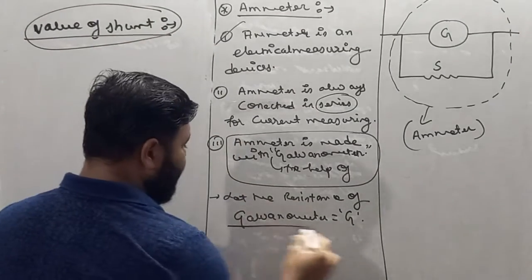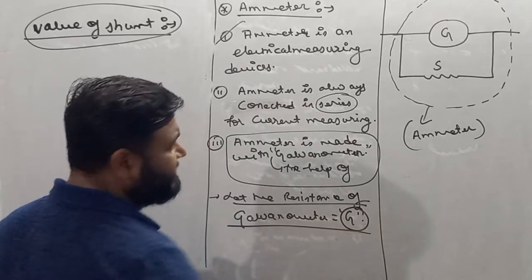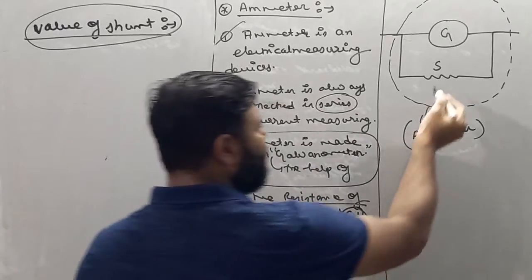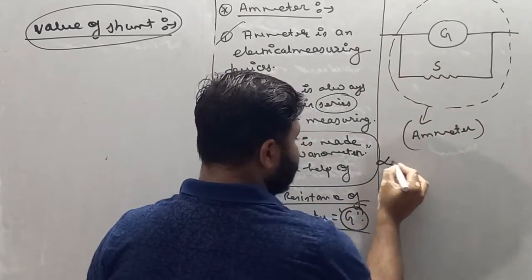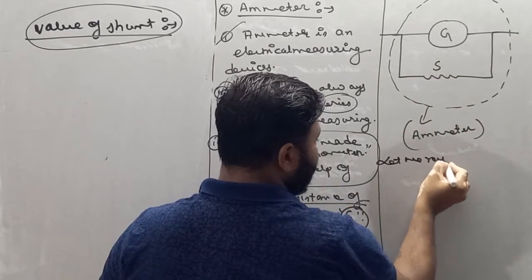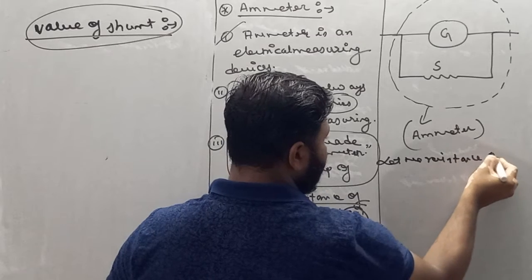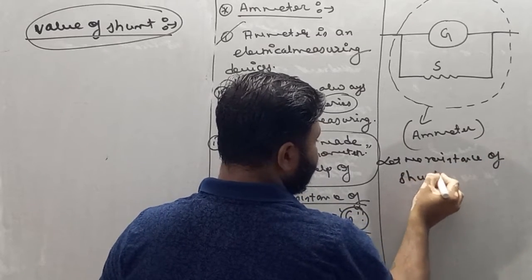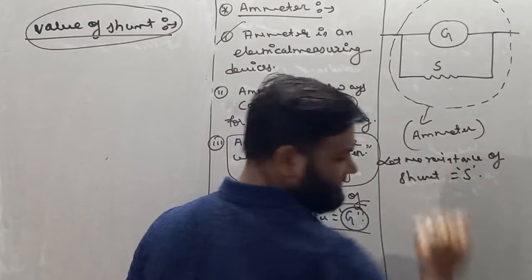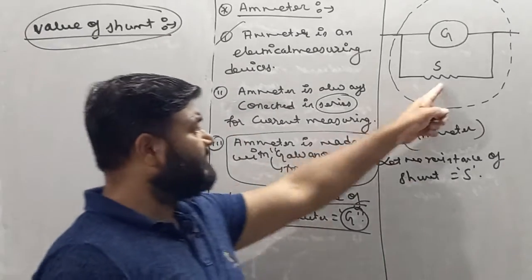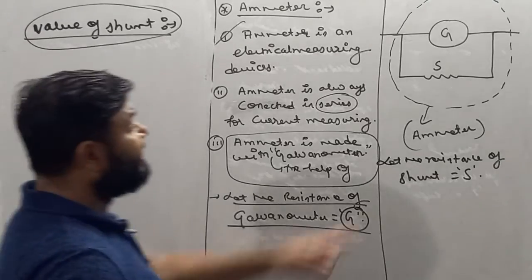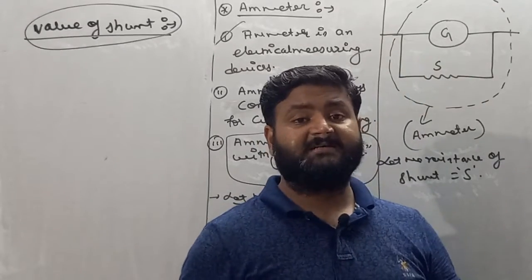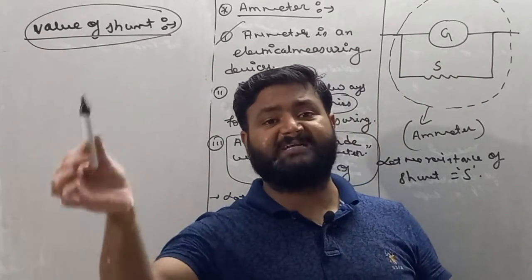Let's suppose we have a galvanometer whose resistance is G, and we have a shunt, a very small value resistor, whose resistance is S. Remember, the value of the shunt is very small. Now see, my dear student, every galvanometer has some maximum deflection current.